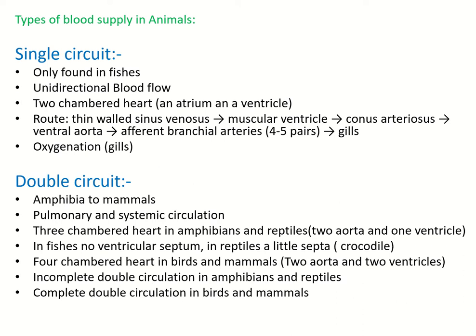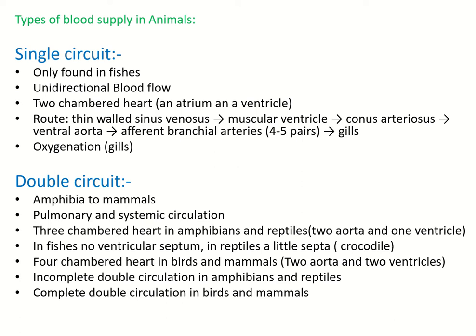As you can see, within the fishes the auricle and ventricle are not divided, but within the body of one of the reptiles, the crocodile, a little bit of septum is found, which partly separates the ventricle also.